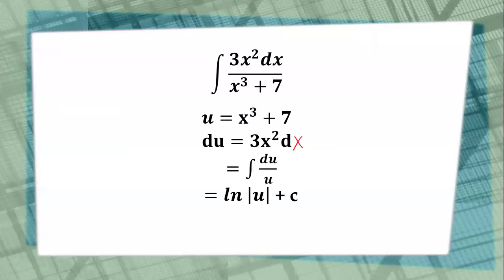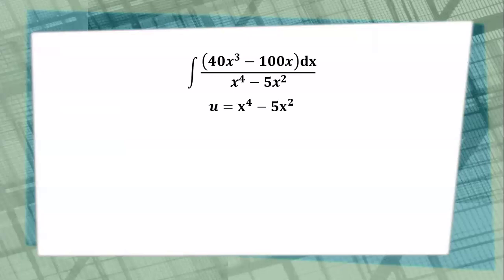And of course, the answer is an ln of u plus c. So the final answer becomes an ln of the absolute value of x cubed plus 7 plus c. So take note, do not forget to write your dx. Let's have the next one. The integral of 40x cubed minus 100x dx over x to the fourth minus 5x squared.